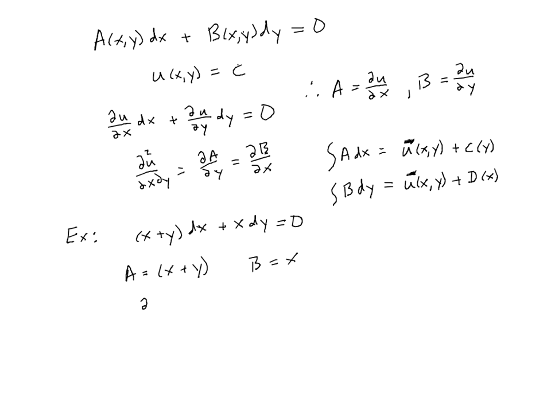Okay? So now the partial of a with respect to y is equal to 1. Partial of b with respect to x is also equal to 1. So because of this, we say this is exact.